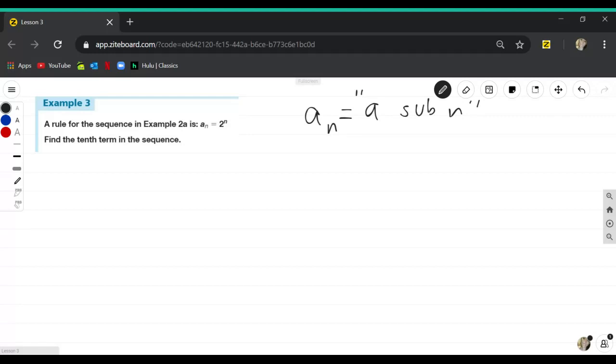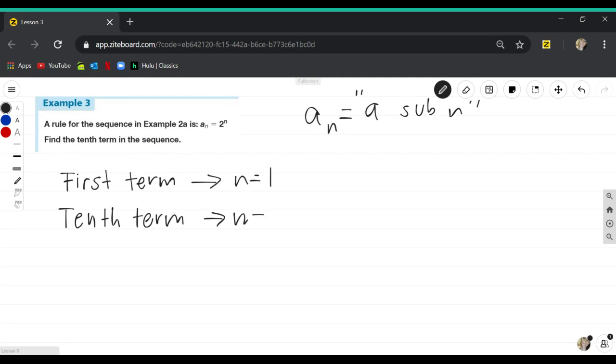So the first term in the sequence corresponds to n equals 1. Then the 10th term, can you guys guess what it is? It will correspond to n equals 10. So that's what it's asking for us.